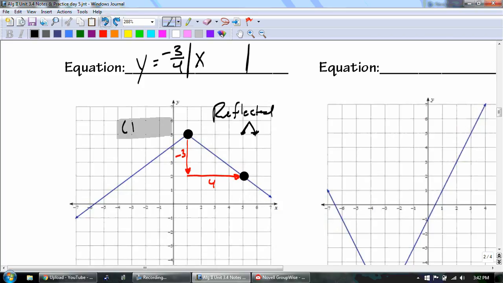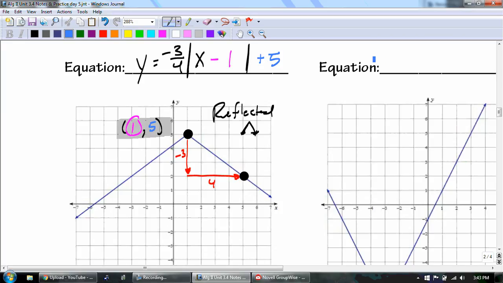So there's 1, and then the other one was 4. So that means I take the opposite of 1, which is -1, and then the 4 stays the same. Okay? And it's not 4, Mr. Grice, it's 5.